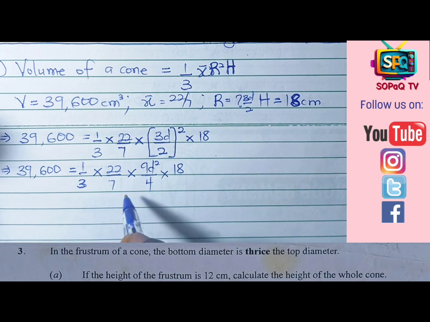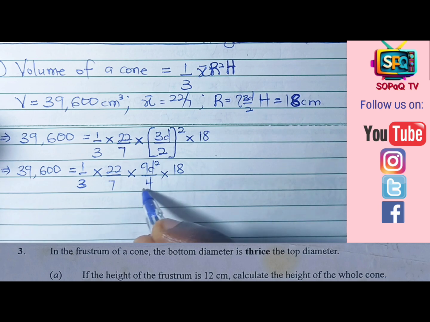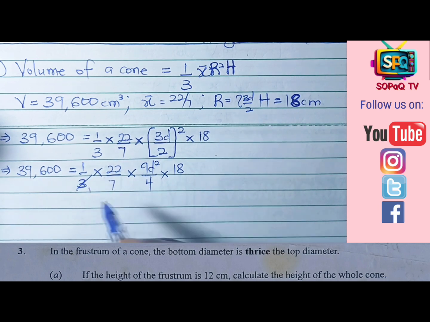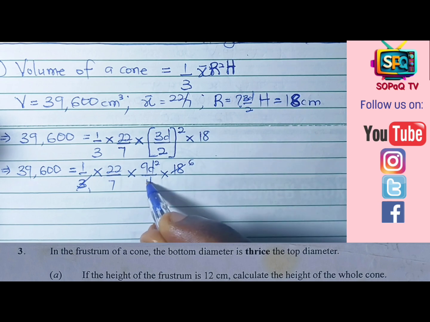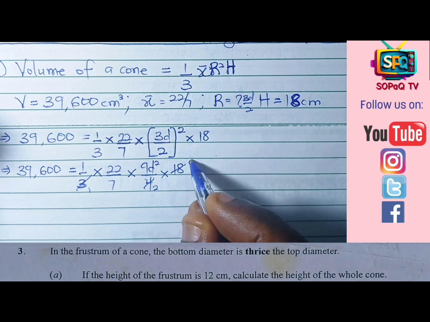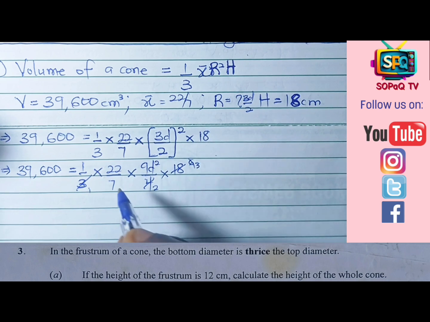And I think some of the numerators can cancel the denominators. 3 can go into itself 1. 3 into 18, 6. 4 into 2 is 2. 2 into 6 is 3.